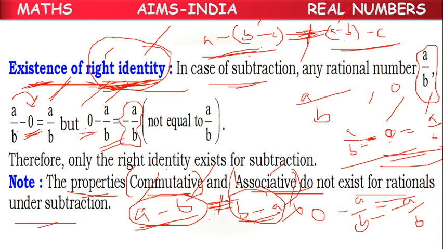It means in the subtraction, if we have 0 on the right side, there will be no change in the value. But if the 0 is on left side, value will change. So only right identity element will exist, that is 0.